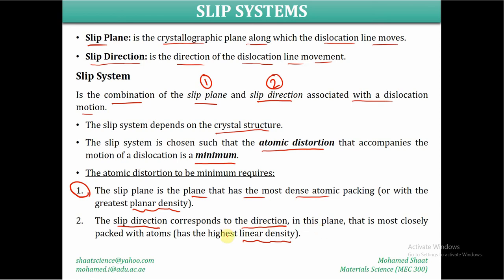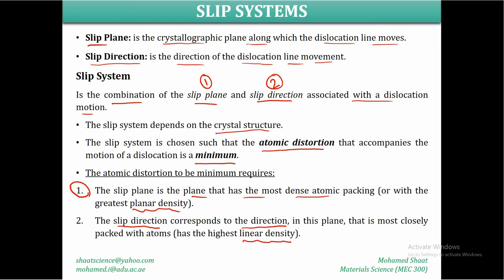So there is a condition that you have to identify the slip plane first. And within any crystallographic plane, as we discussed in chapter 3, there can be an infinite number of directions. In any plane, you can draw an infinite number of lines in different directions, so within any specific plane there are lots of crystallographic directions.